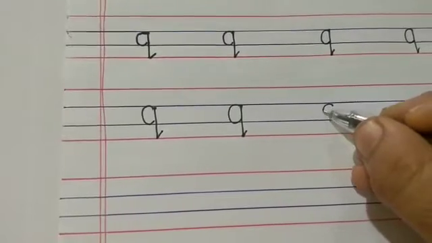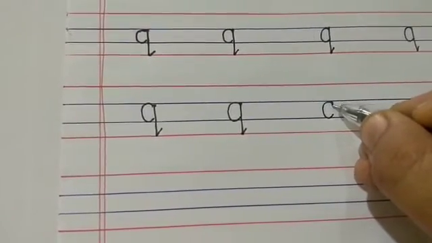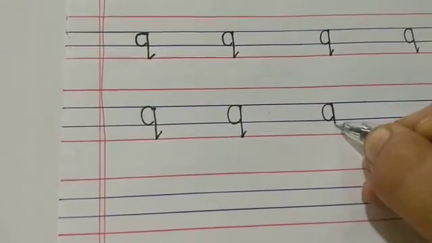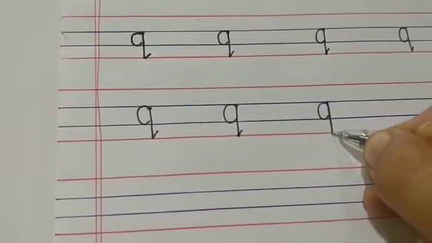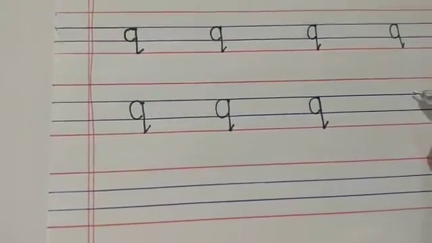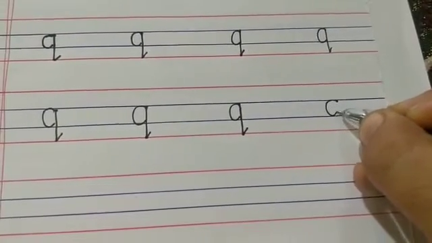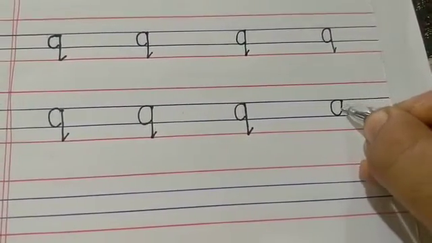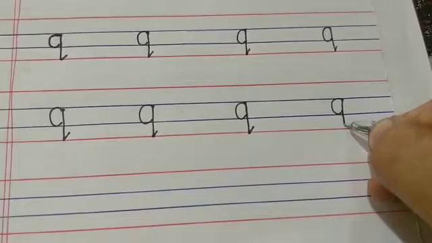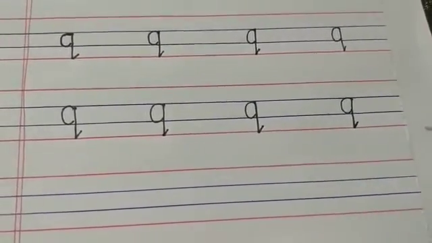We'll make a small c, then make a standing up line, again go to the blue line and drag it downwards to the red line and then a small line upward. This is small q. We'll make a small c, then again go to the top and make a standing up line downwards touching the red line and then a small line upward.